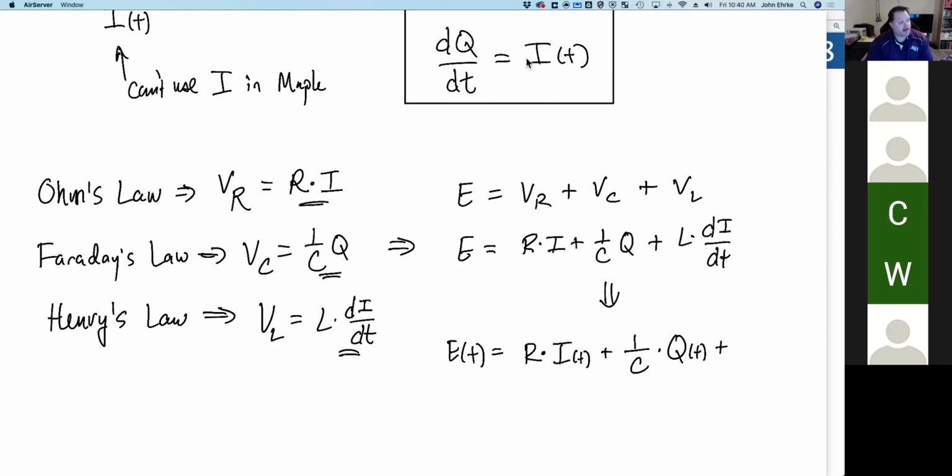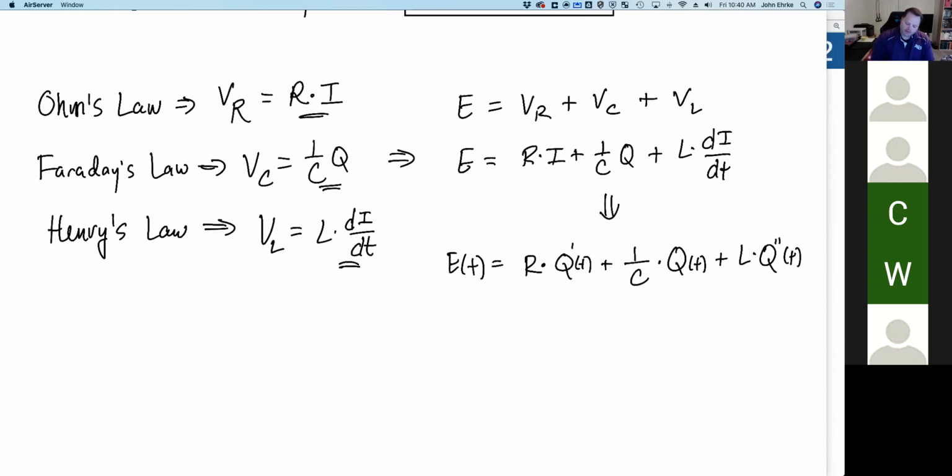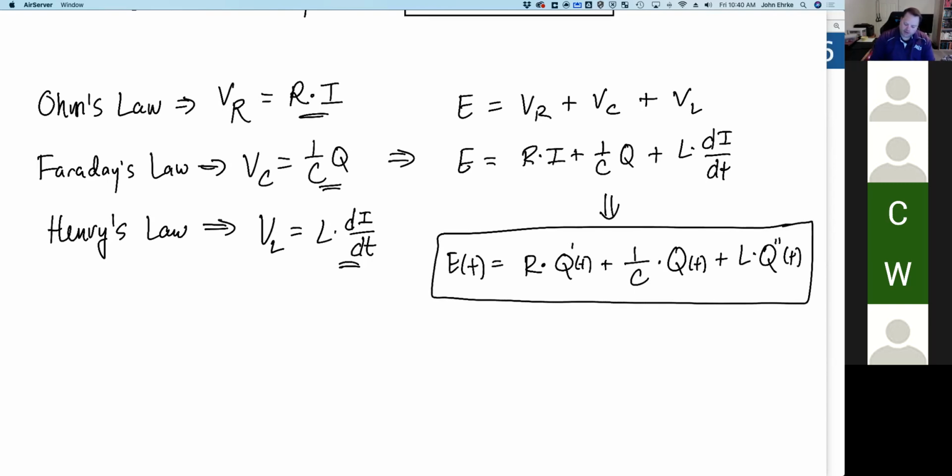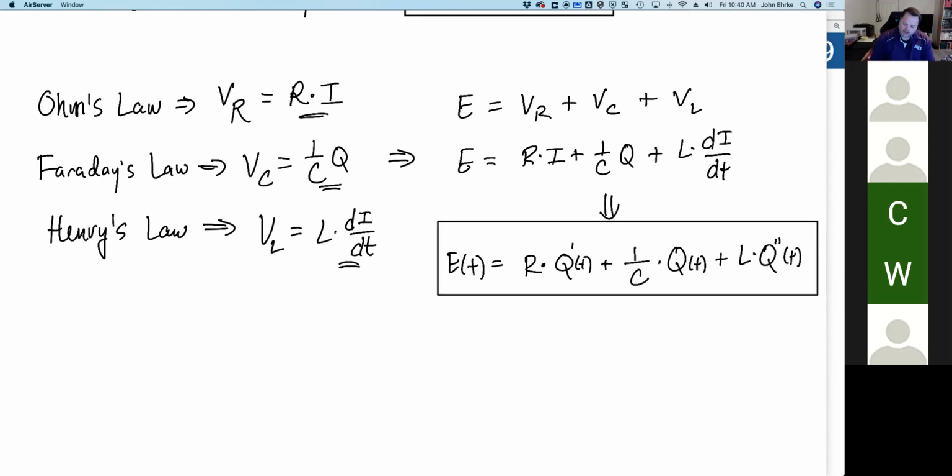The derivative of I would be the second derivative of Q. So this would be L times the second derivative of Q. And I can do the same thing over here. I can replace this current with the derivative of Q. So I of t is really just the derivative of charge. And so if you look, we have a differential equation here, but it is a second order differential equation.